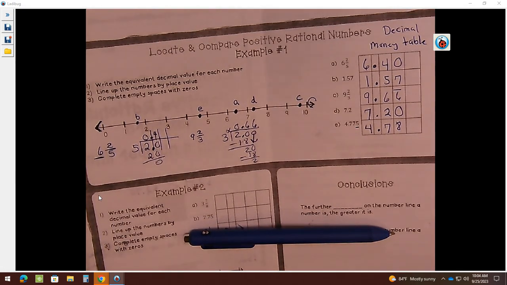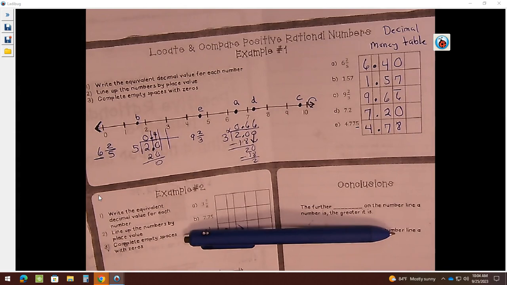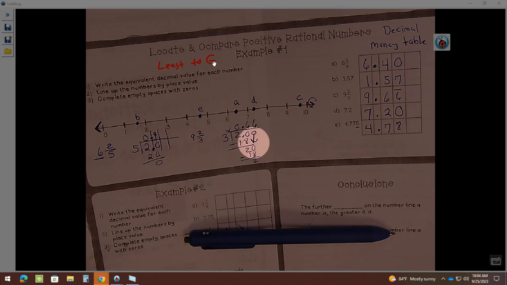The reason I like to draw a number line and make it money is because it's easier. If they want me to go from least to greatest, I would start with the L, look for my L, and then just start going that way.